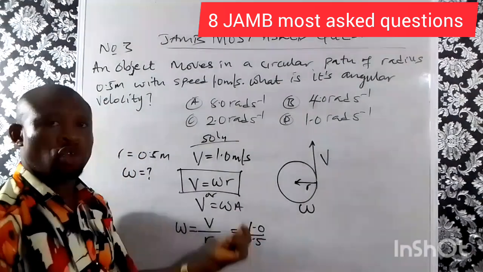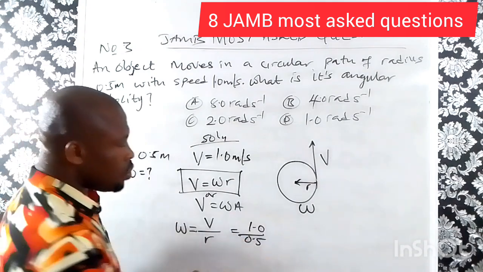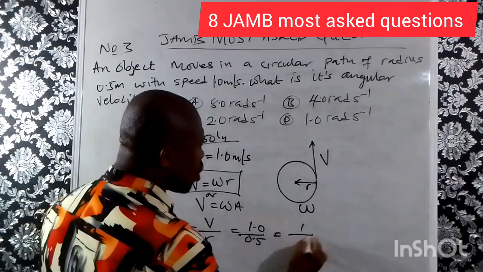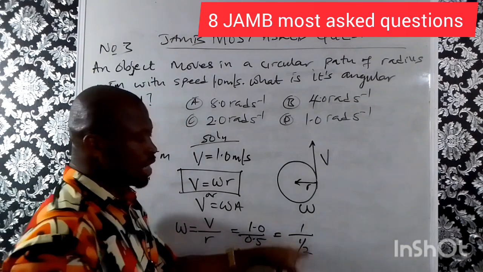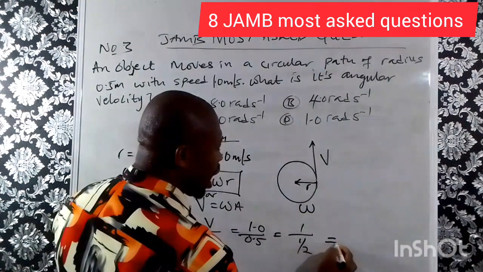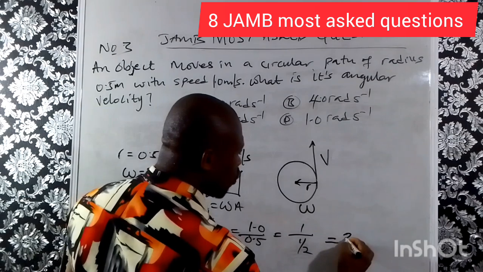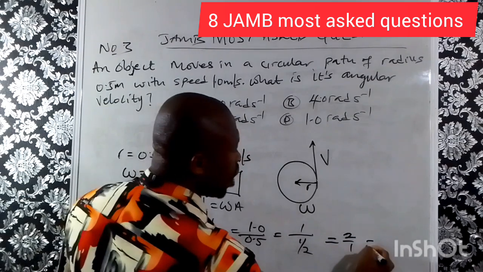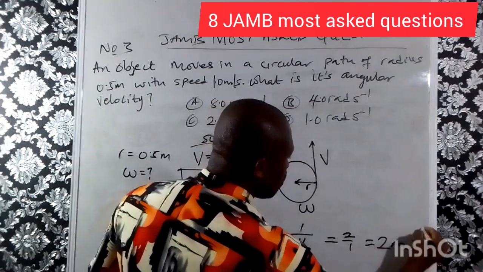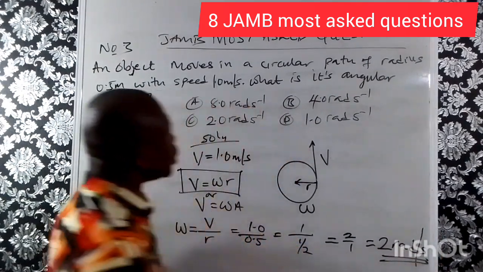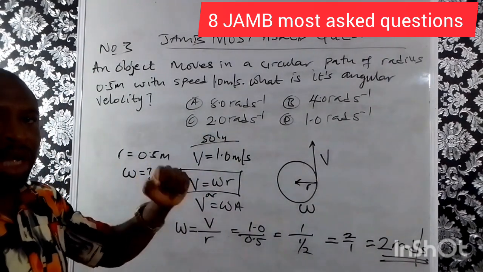So 1 over 0.5, which is 1 over half, means inverse of half. Inverse of half means turn this upside down, which gives us 2 over 1, which is 2 radians per second. And 2 radians per second is option C. C is the correct option.